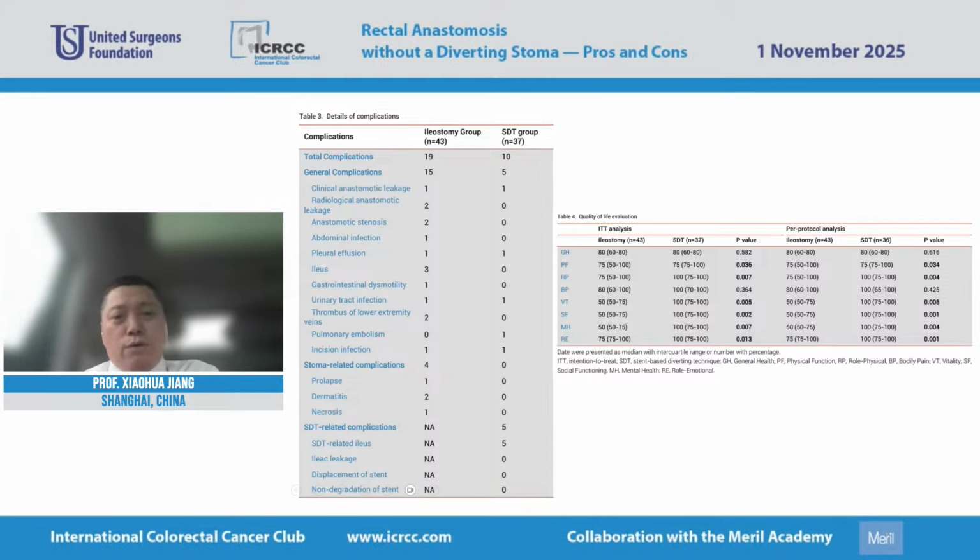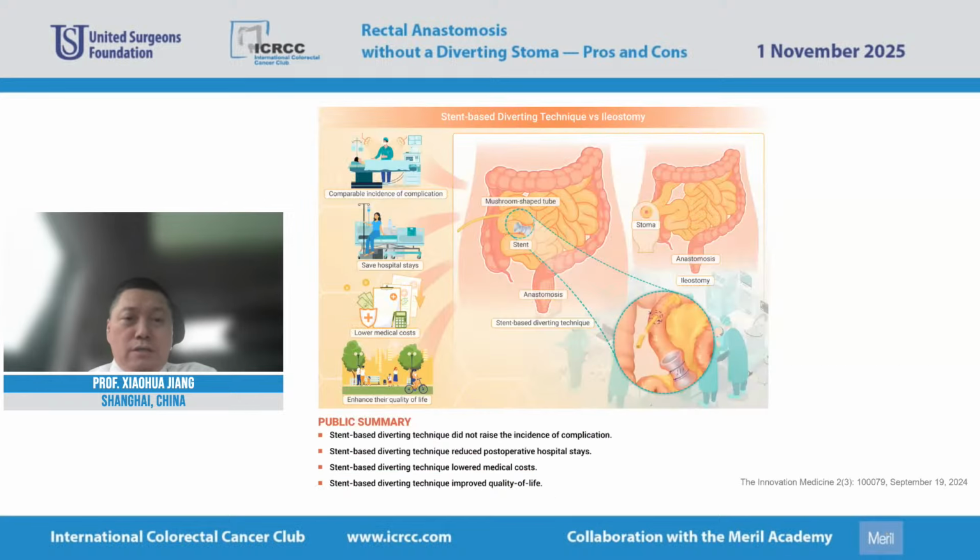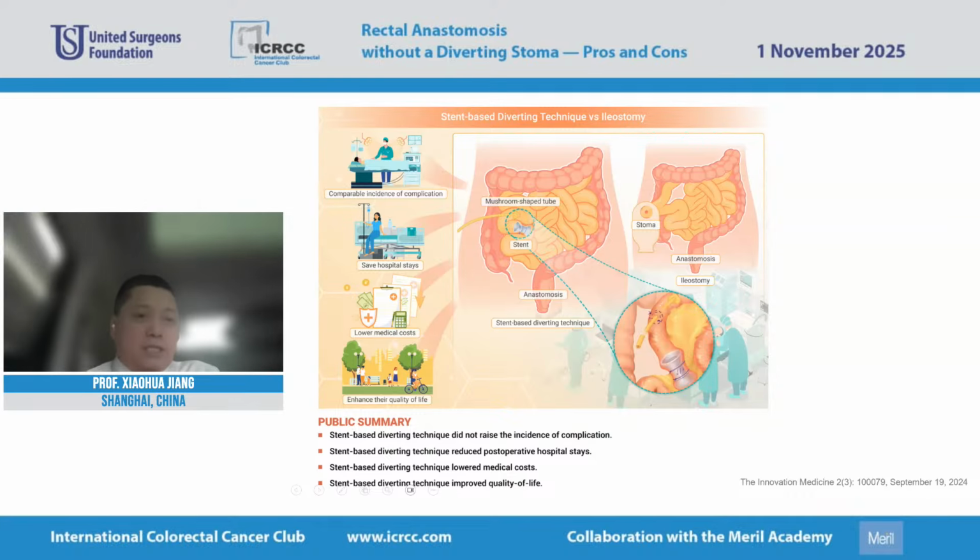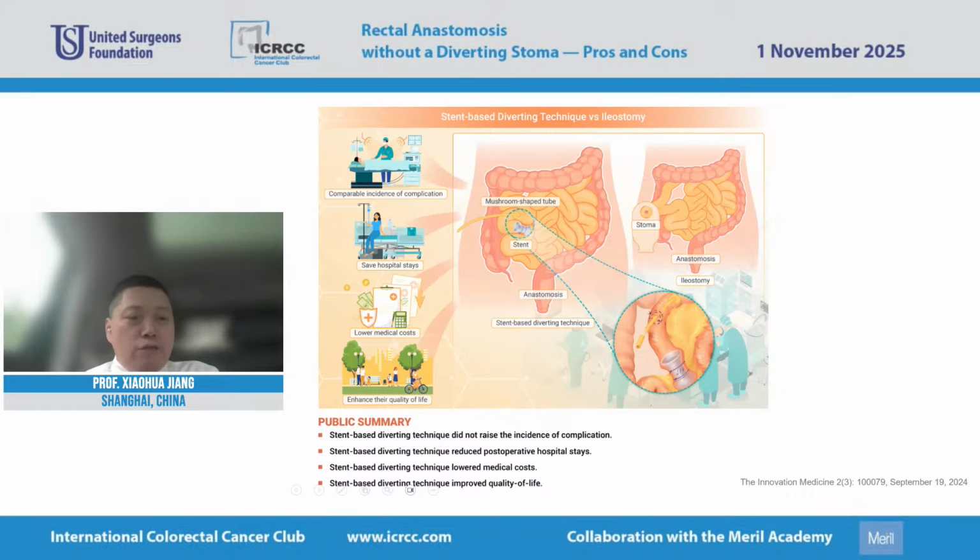But the quality of life of the patients in the STT group is better than the traditional ileostomy group. So in general, the complication incidence for the two groups is no different, but the patients have shorter hospital stay, lower medical costs, and also better quality of life, from the conclusion of the phase 2 clinical trial.